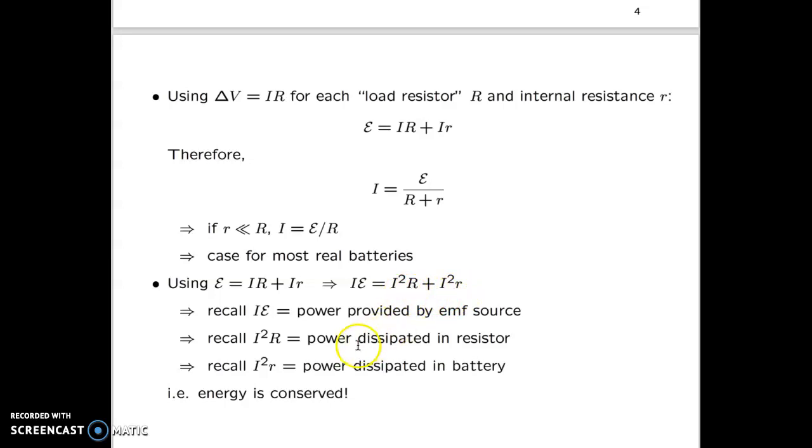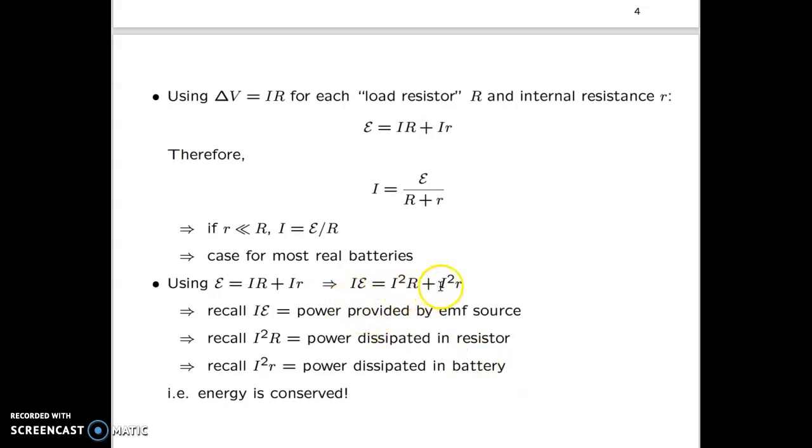I squared big R is the power, the energy per unit time, being put into the resistor, ultimately as thermal energy as the current goes through it. Likewise, I squared times little r is the power dissipated in the battery, inside the battery. Dissipated just means it gets converted into heat.